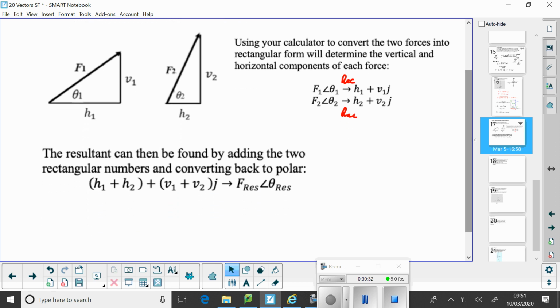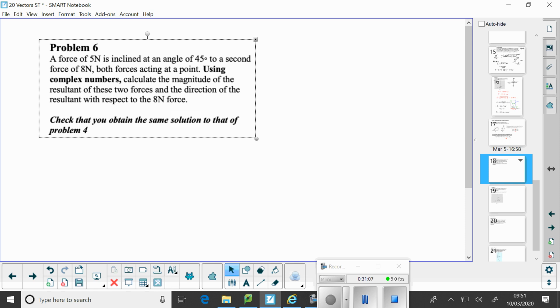Results can then be found by adding together the two horizontal components and the two vertical components, and then converting back to polar to get the answer. Now we're going to do what you did as problem 4 earlier, in this way. We'll do this one, and then you can do the 3-force one that you've just done to finish off, and there's a couple of extra problems for you to have a go at as well.